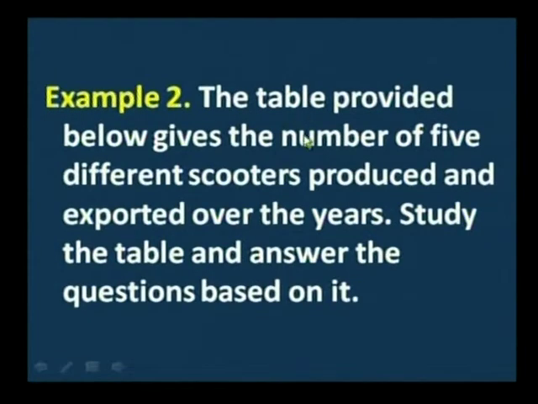So, let me take you through another problem. This is also very much similar to the previous one, but with a slight variation in the presentation of the table. So, here make a note of the problem. The table provided below gives the number of 5 different scooters produced and exported over the years.